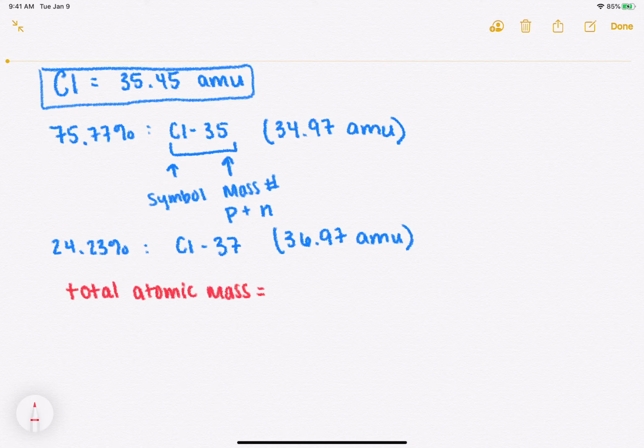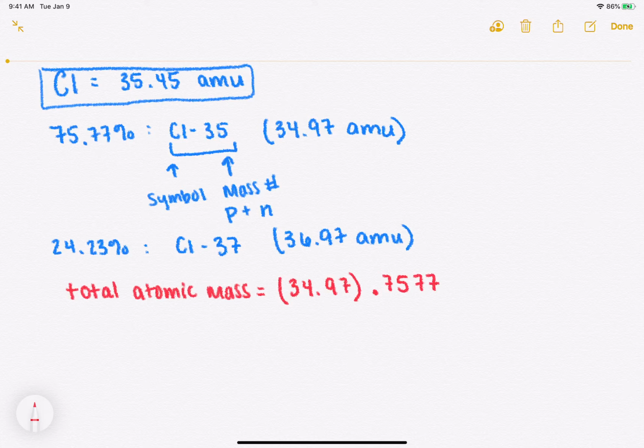So the way that we calculate that is 34.97, so we take the mass of the first isotope and multiply that by the percentage of the abundance of that isotope. So that is going to be 0.7577.